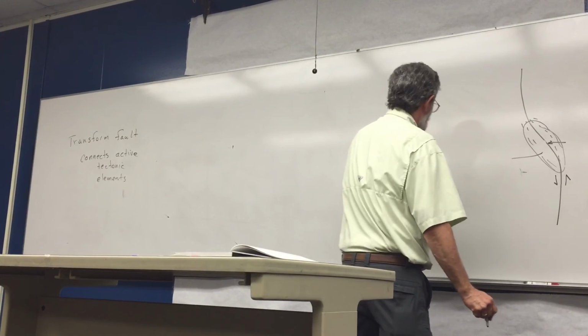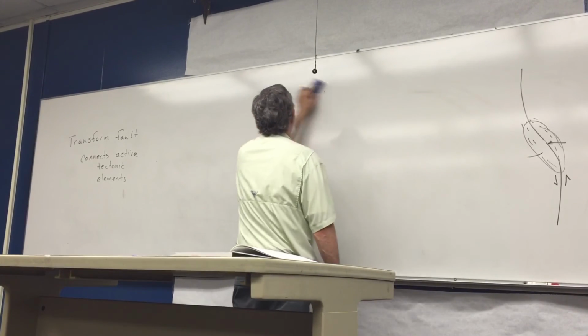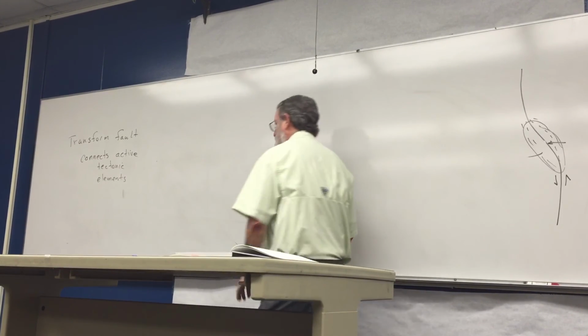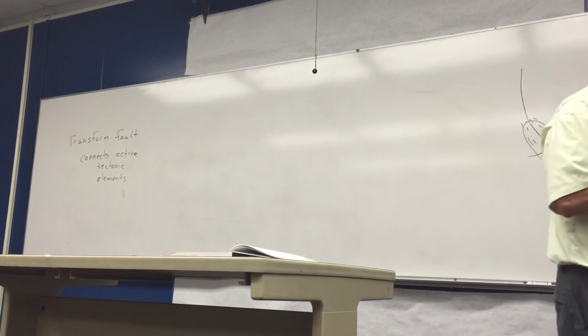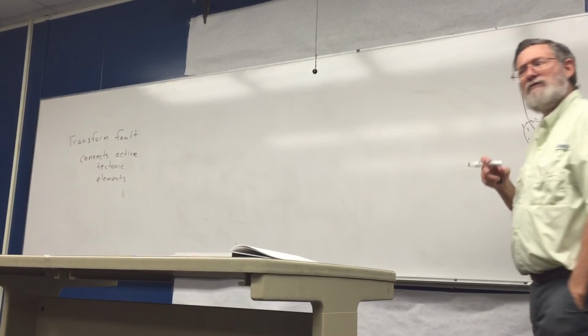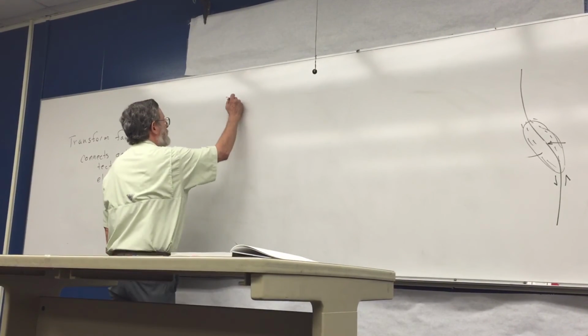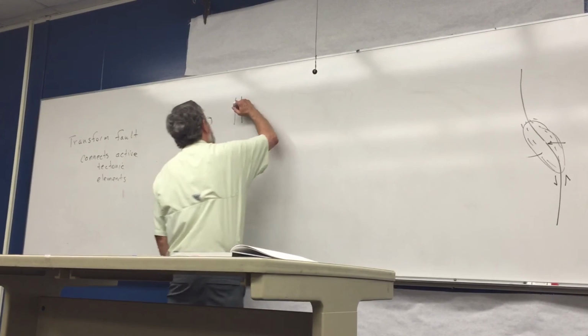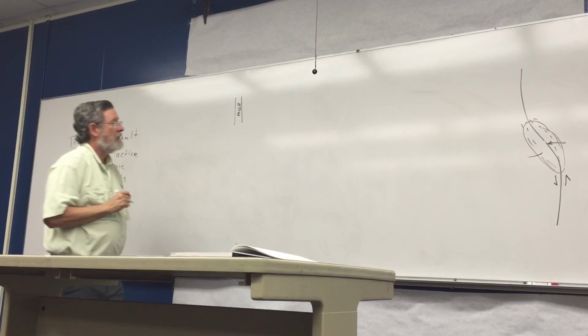So we're going to start off with a simple spreading system, mid-ocean ridge. Do you remember how mid-ocean ridges work? So let's go in, let's put in a mid-ocean ridge here. That's a mid-ocean ridge.